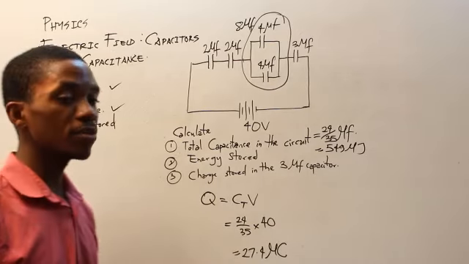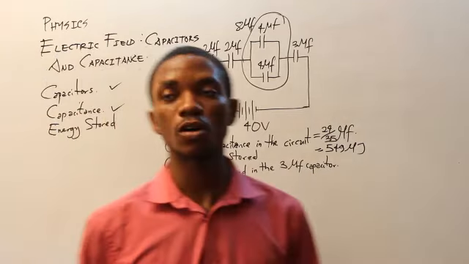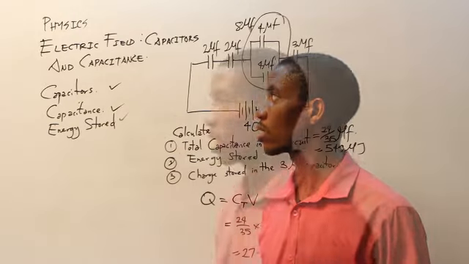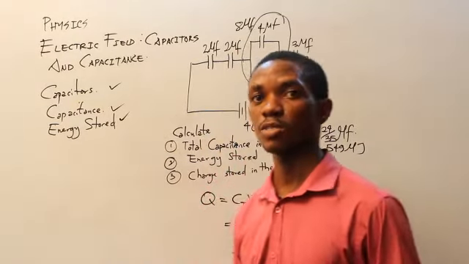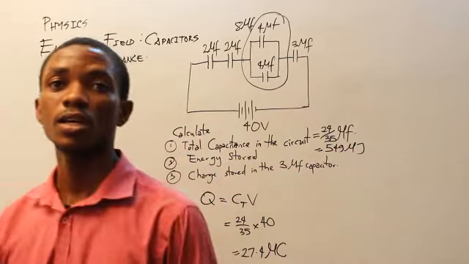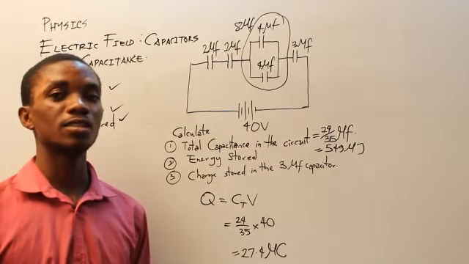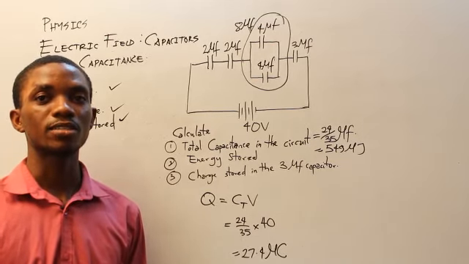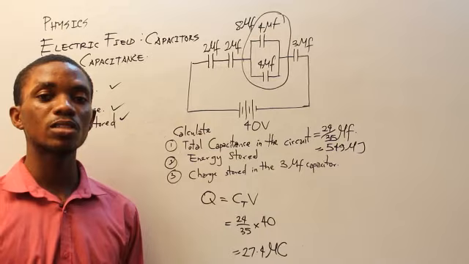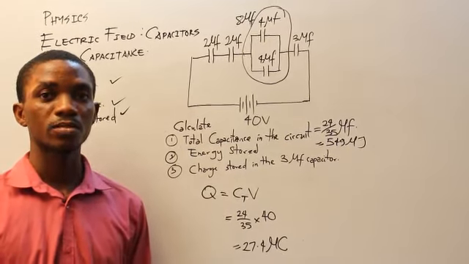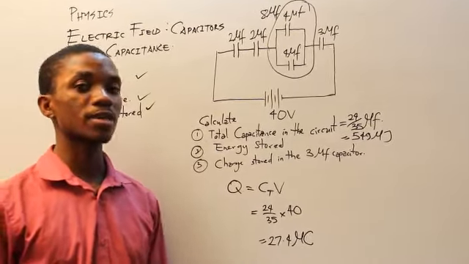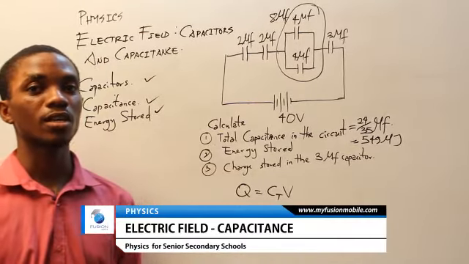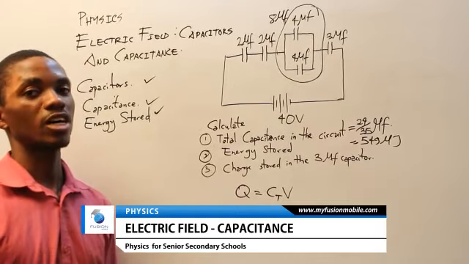So, having looked through the topic on electrical fields, capacitors and conductance, we explained what a capacitor is. We defined a capacitor as an electrical device that stores electrical charges. We also discussed the capacitance of a capacitor, and we said the capacitance of a capacitor is the ability of a capacitor to store charges.